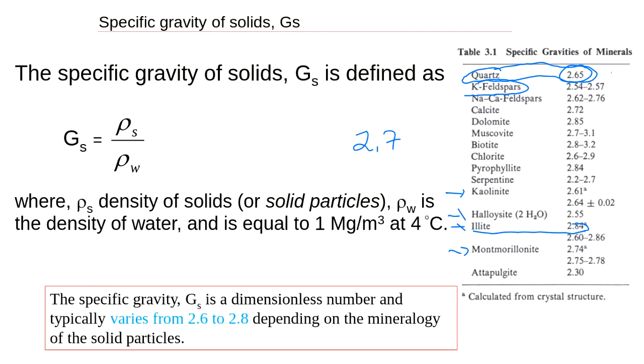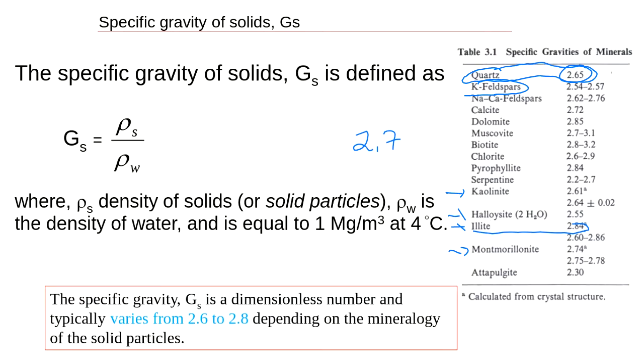The reason is that it's going to be the average of specific gravity, and it also depends on how much quartz you have. Maybe you have quartz 70%, some clay minerals about 20%, and something else 10%, so each will contribute in regard to its percentage.